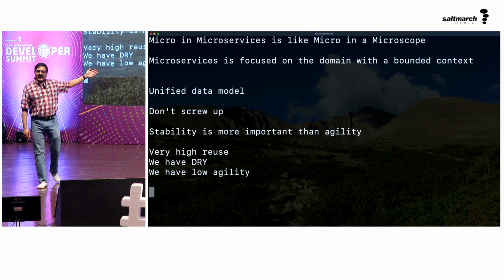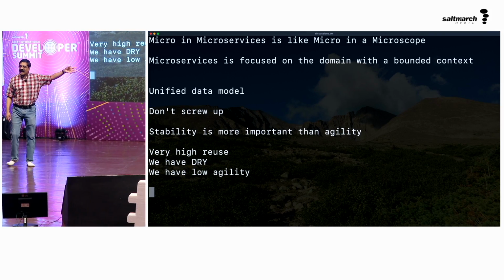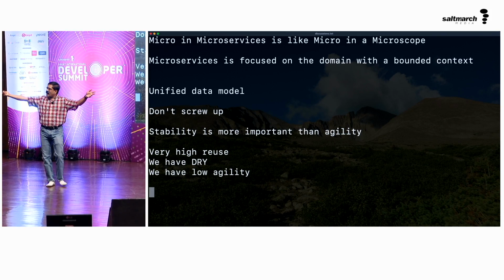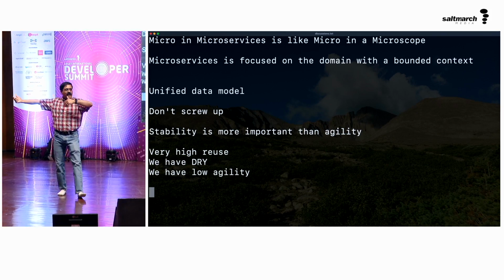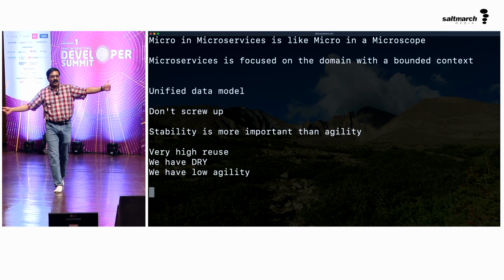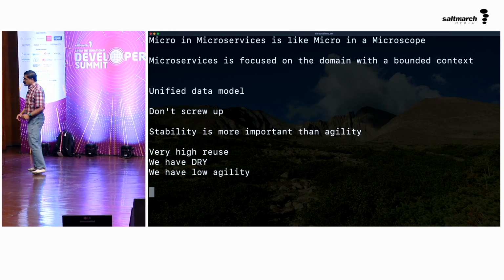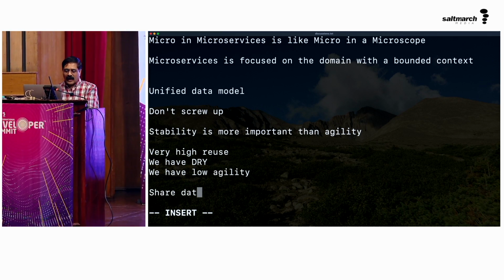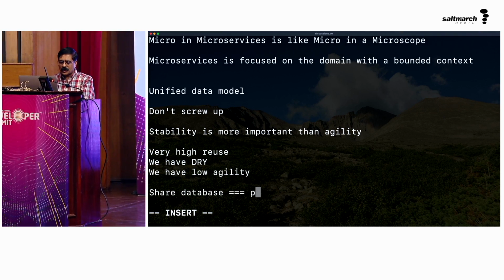Now, what did we just achieve here? You have the schema which is shared by all the applications. One application changes the schema and every other application breaks. So a shared database is equal to poor encapsulation.